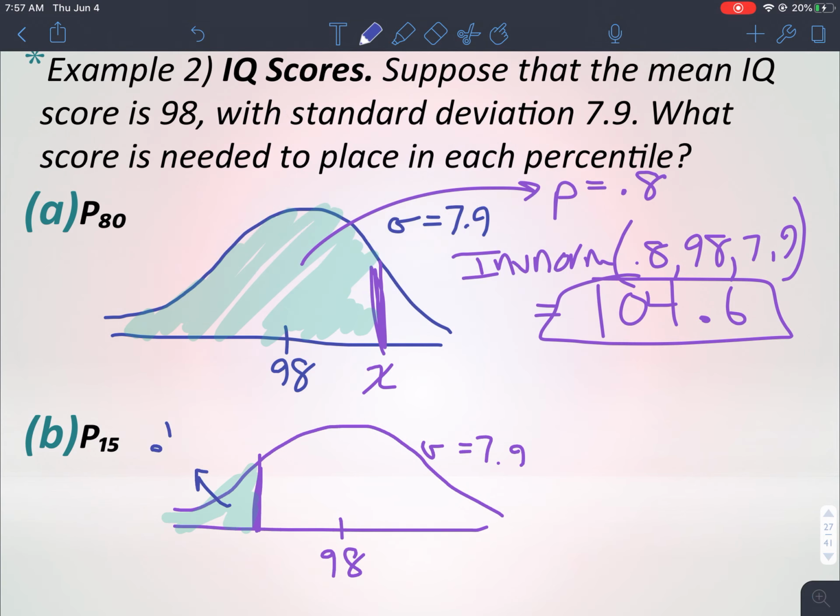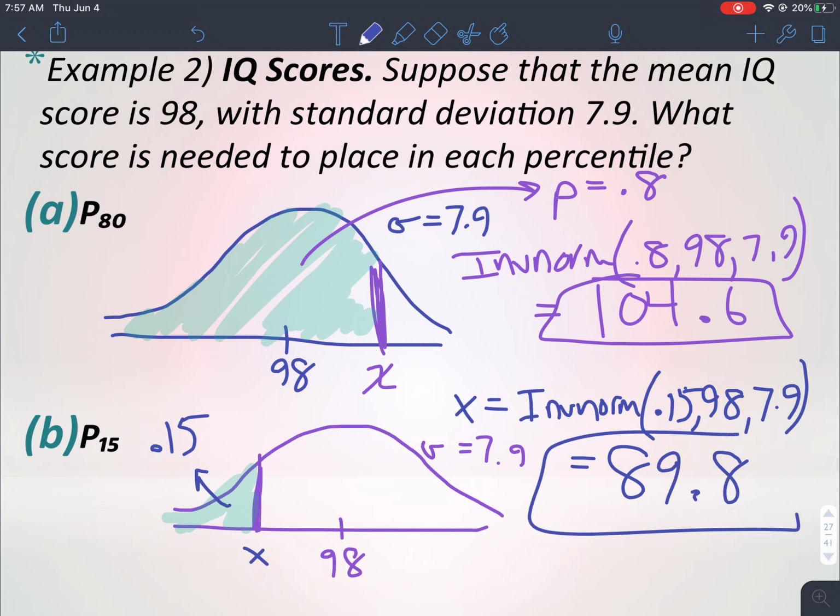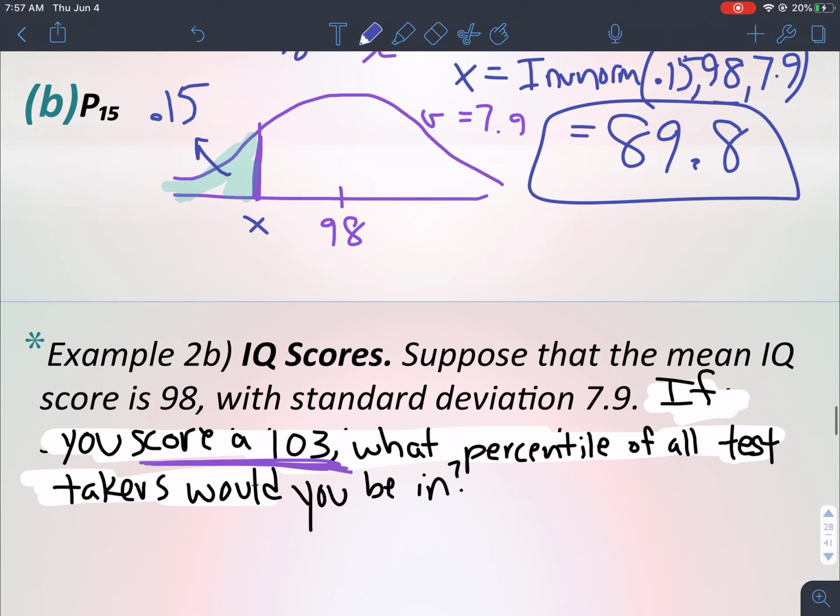That area is 0.15, and so x should be inverse norm 0.15, comma 98, comma 7.9. Hopefully you got 89.8. Couple more.